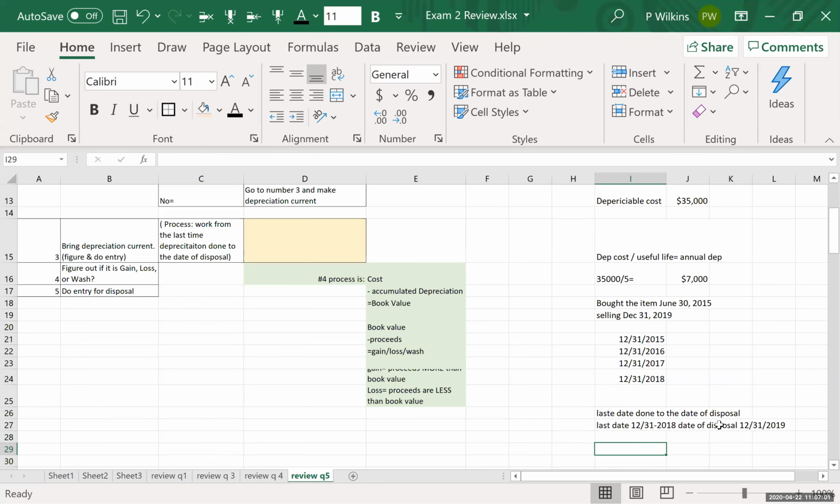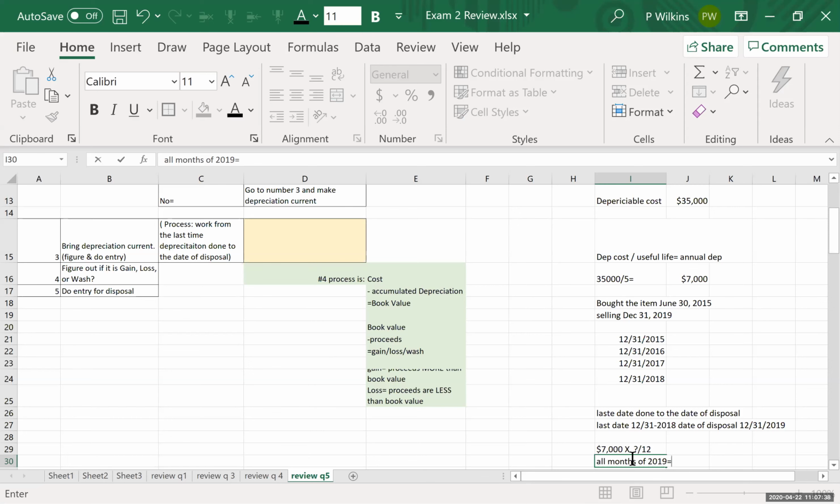So that means that we need to do the depreciation for 7,000, so it'd be $7,000 times something over 12. And in this case, it's for 12 months. It's all of January, February, March, April, May, June, July, August, September, October, November, and December. So it's all months of 2019.